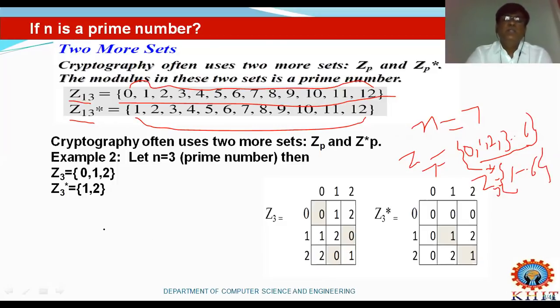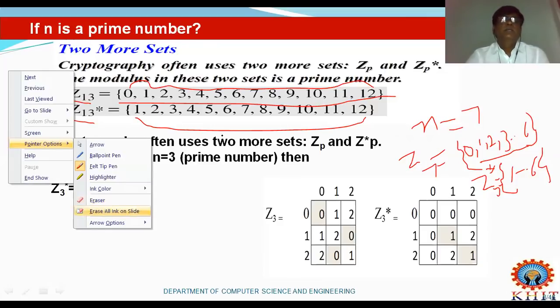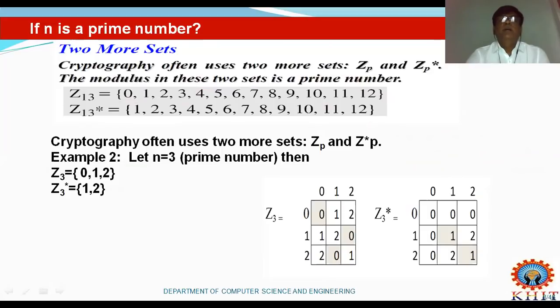One more example is 3. Since 3 is a prime number, Z3 contains 0, 1, 2 as additive inverses. Z3 star contains 1, 2 as multiplicative inverses. So it is very easy to find how many additive inverses and how many multiplicative inverses there are if n is a prime number.